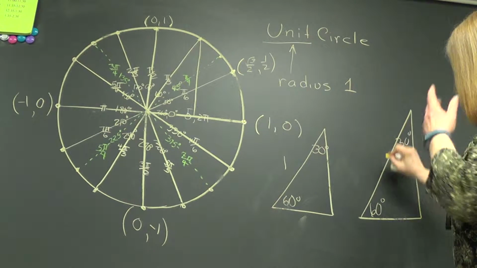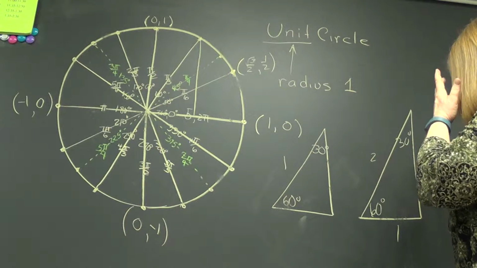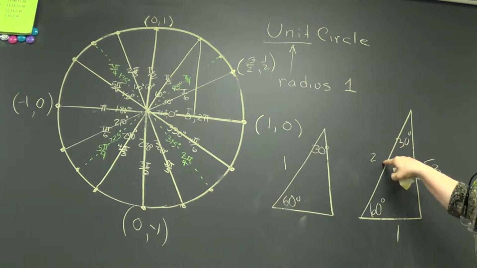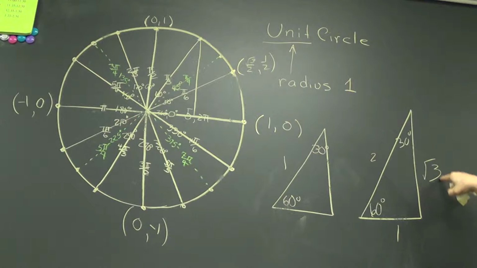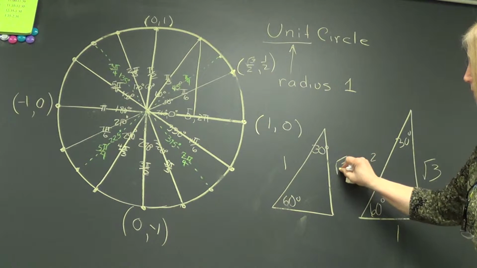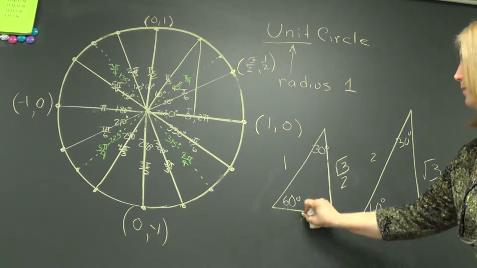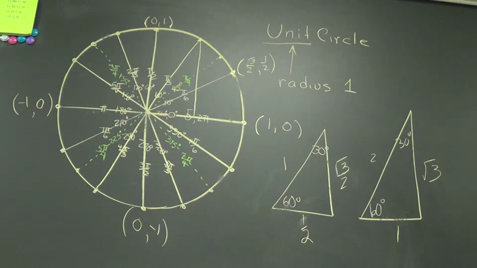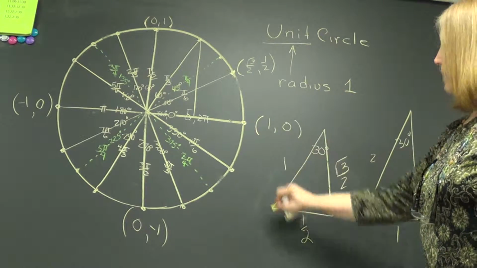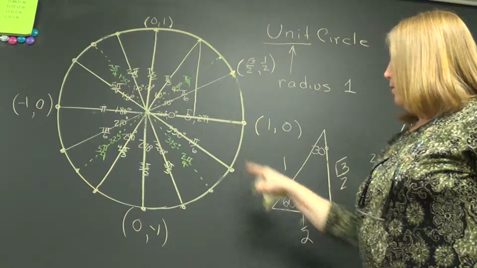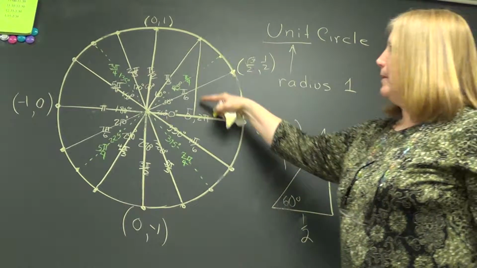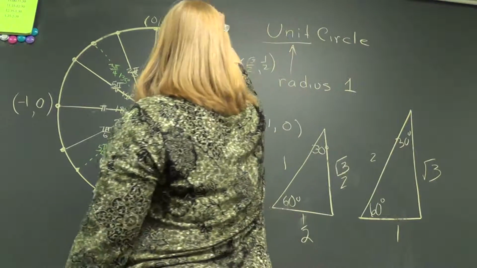And it is a 1, 2, square root of 3. So if 2 became 1, square root of 3 became... It's just reversed. And 1 became... We cut them all in half. So, from this, we now know we went over 1/2 and up the square root of 3 over 2.